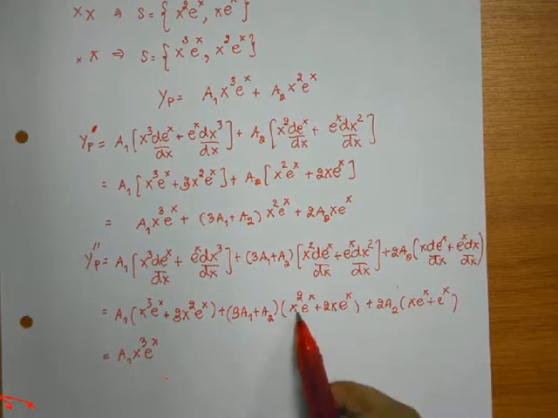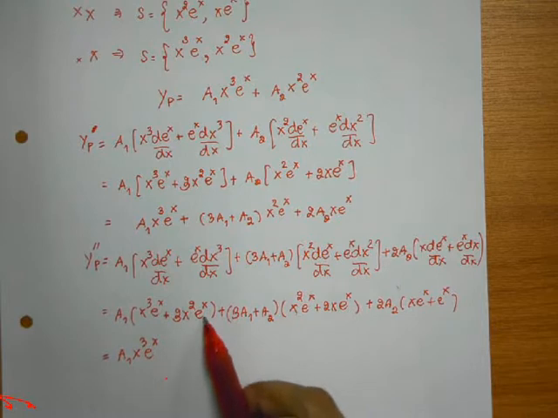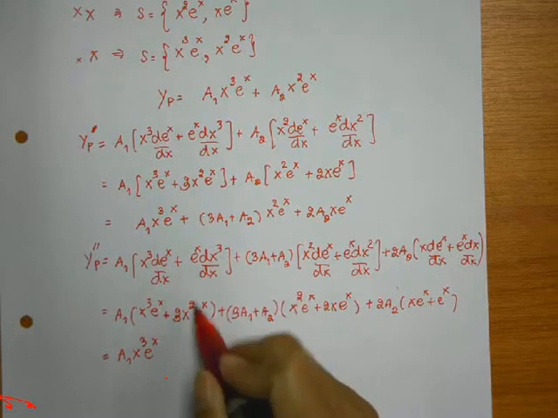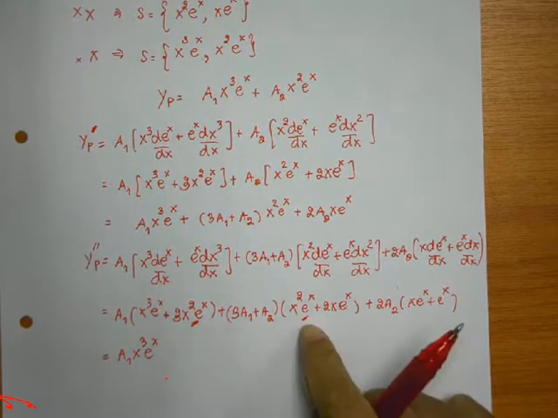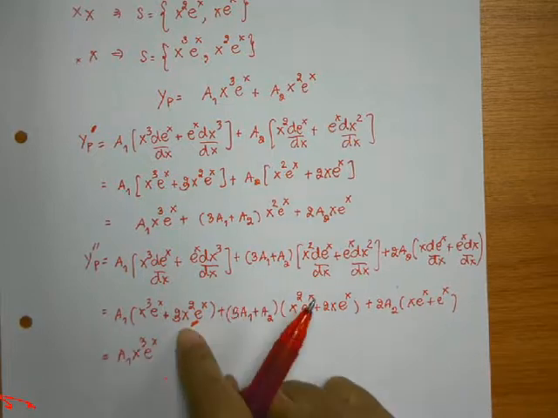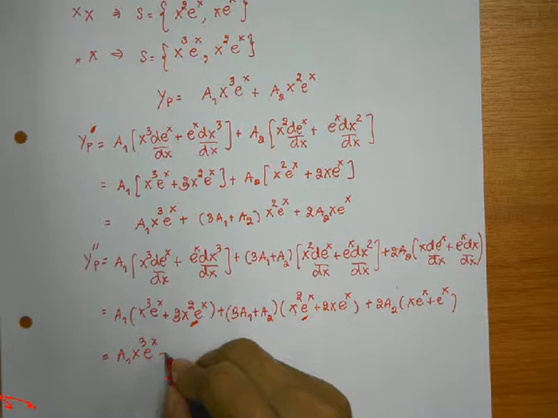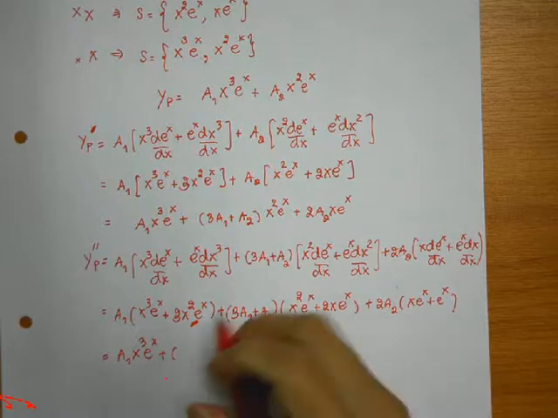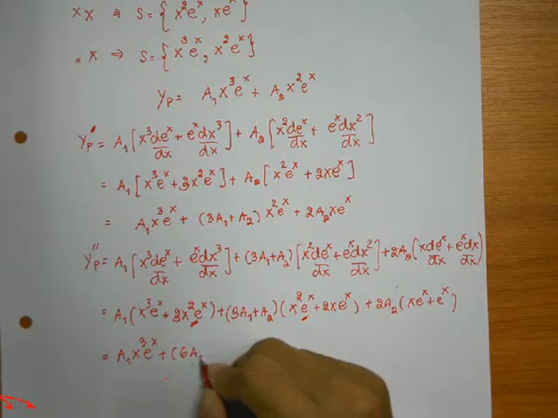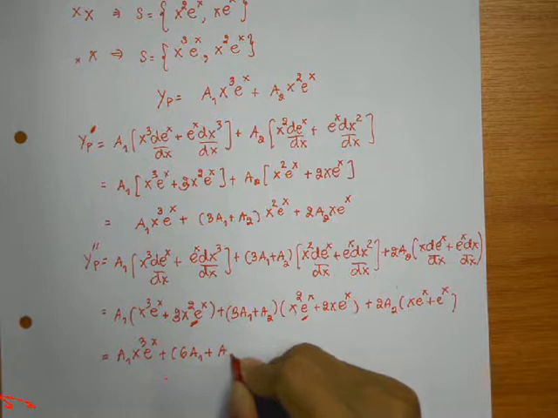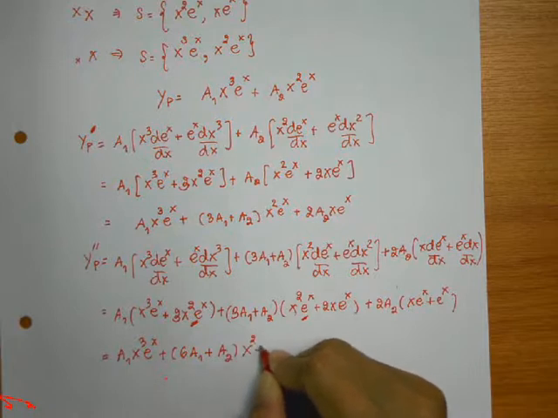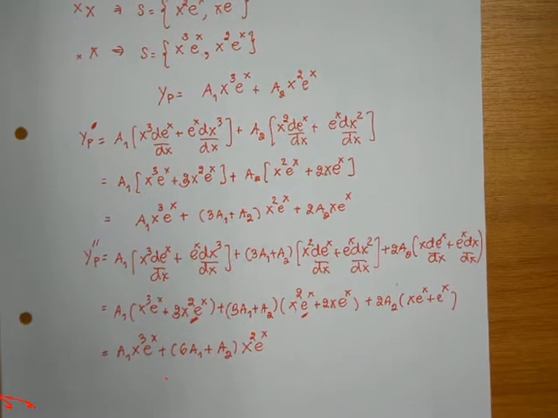This one you have x squared times exponential of x, which is the same as this one. So this one we got 3a1, we have 3a1 here. So you combine them together, you would get 6a1 plus a2, right?